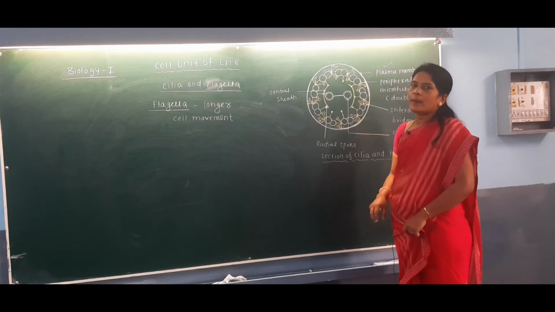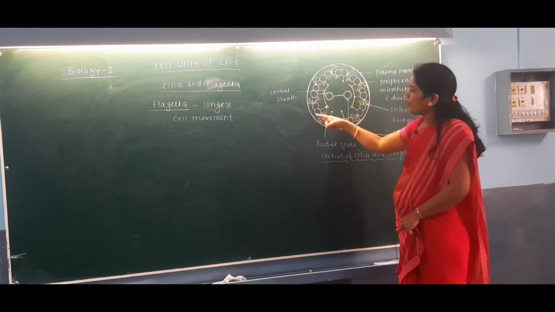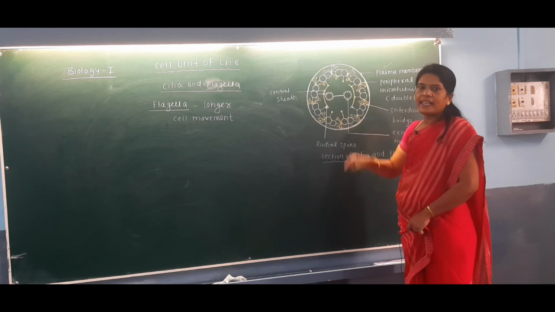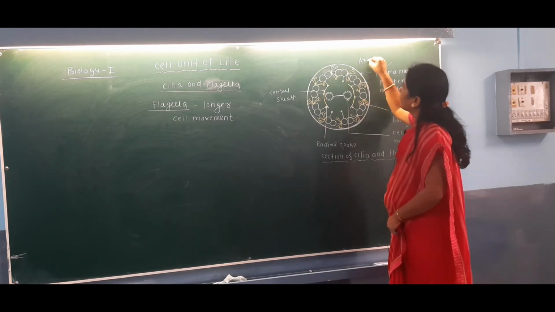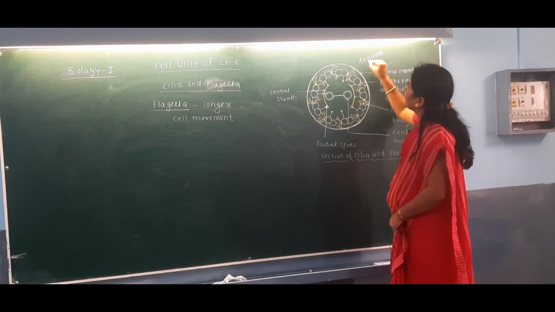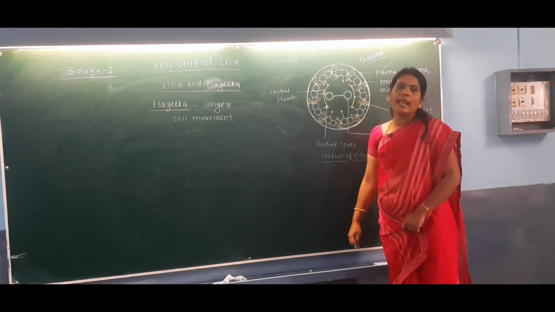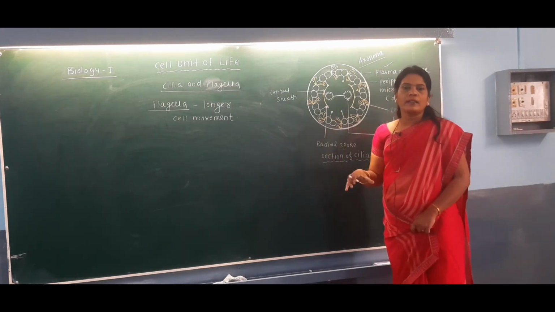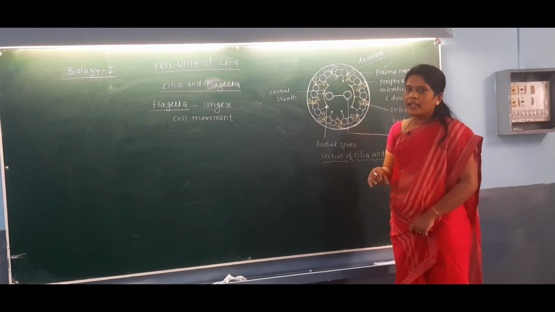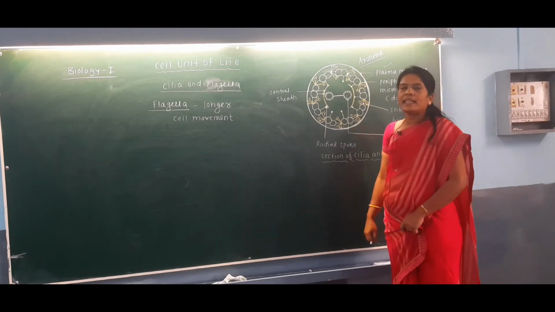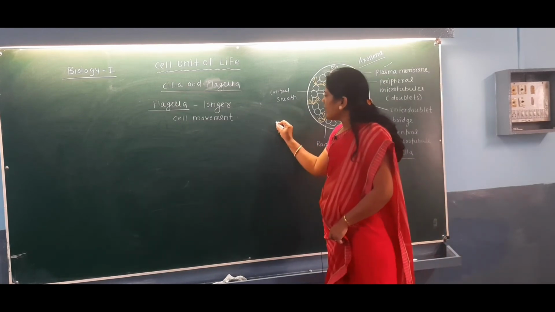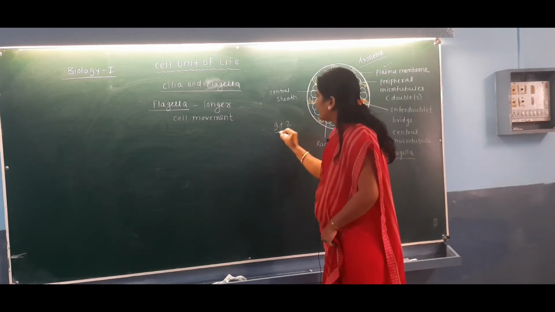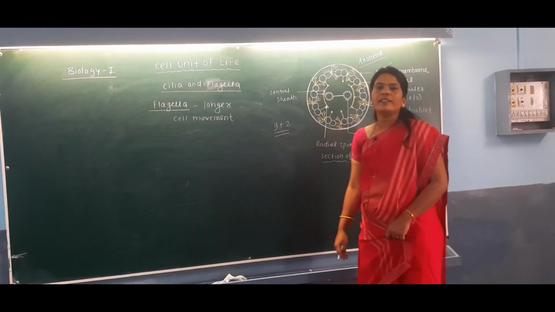Core means central part. So the core of the cilia and flagella is called the axoneme, and in this axoneme you can observe the 9+2 arrangement.